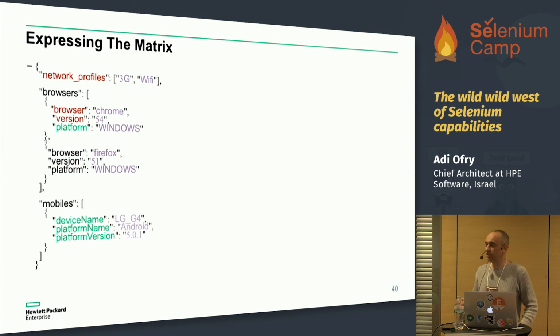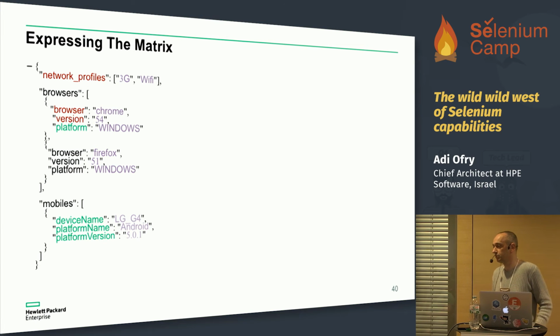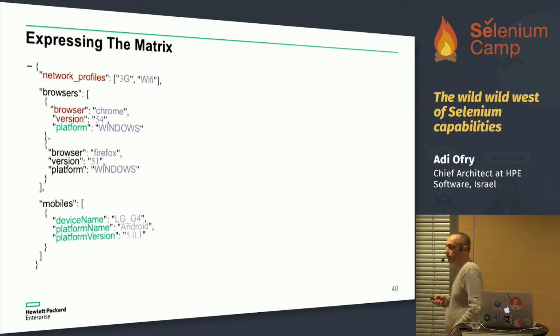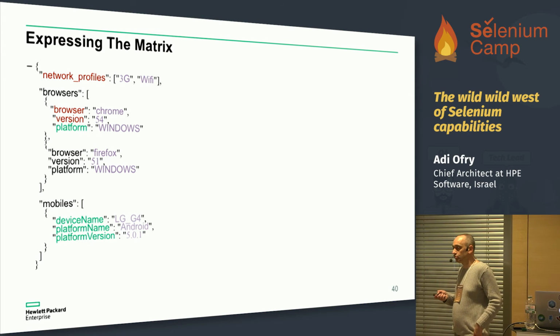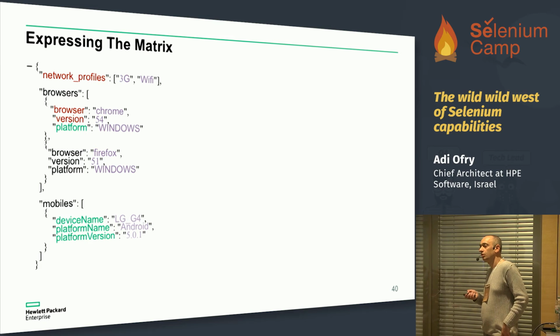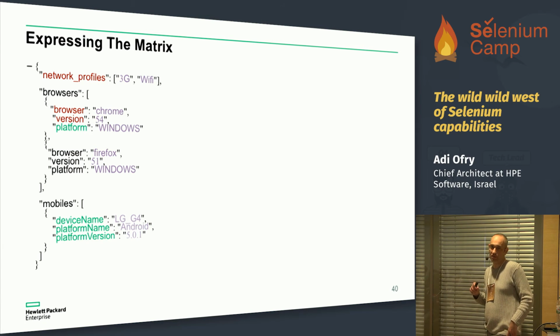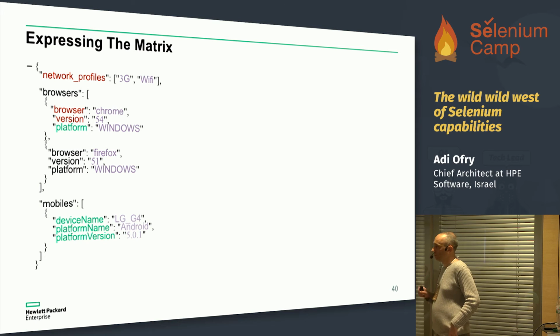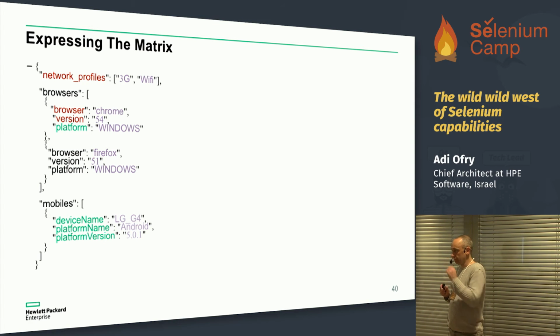So first of all, we said we want to express the big matrix, right? We can set up a JSON or whatever format that you choose, which is structured, and describe the capabilities that we want to use for each item in the matrix. Okay?